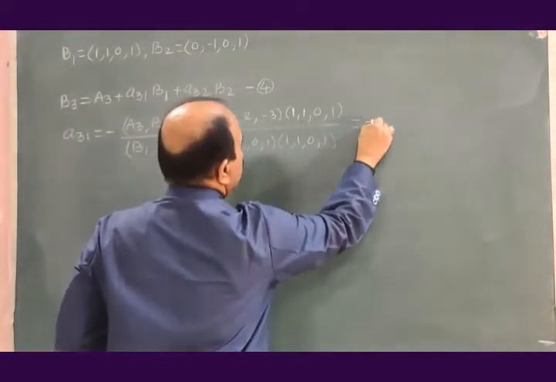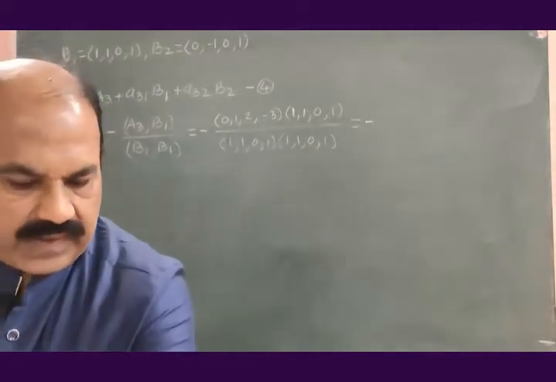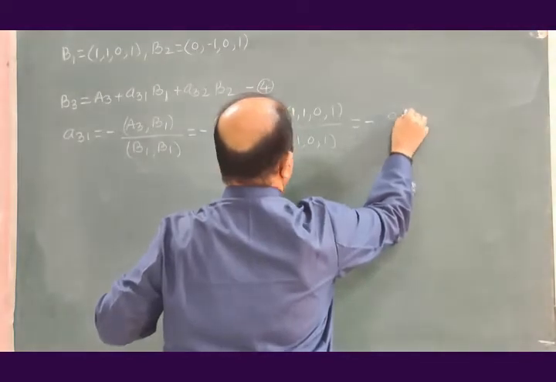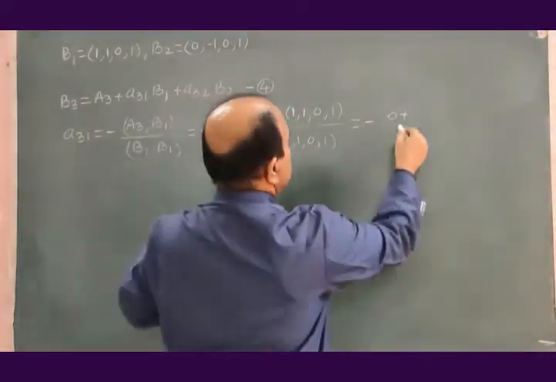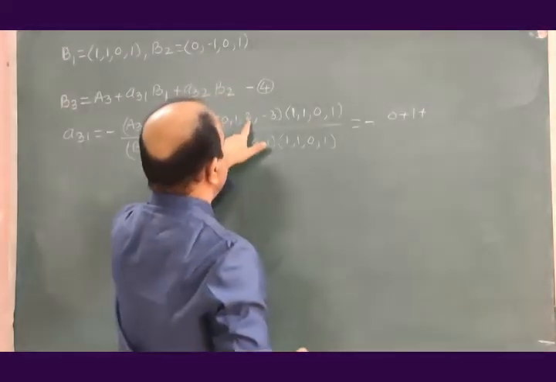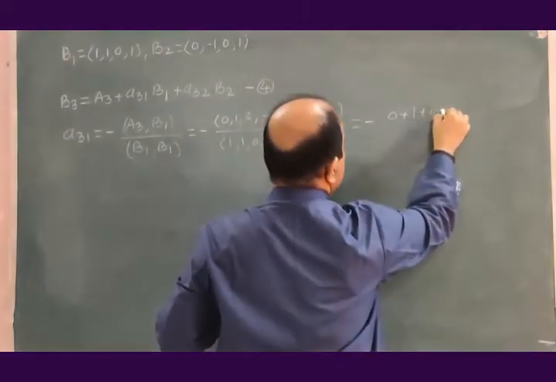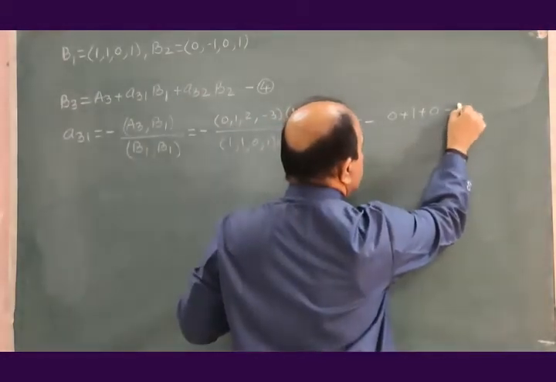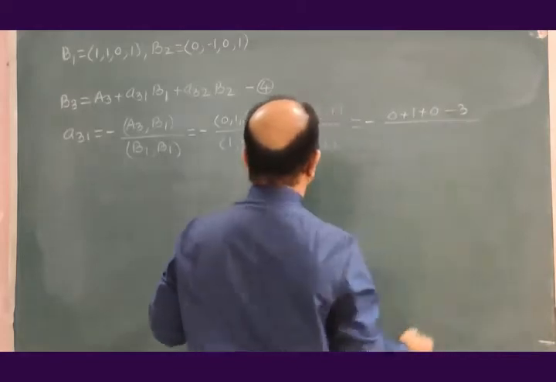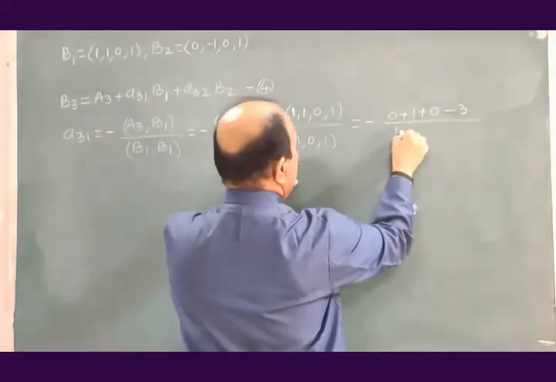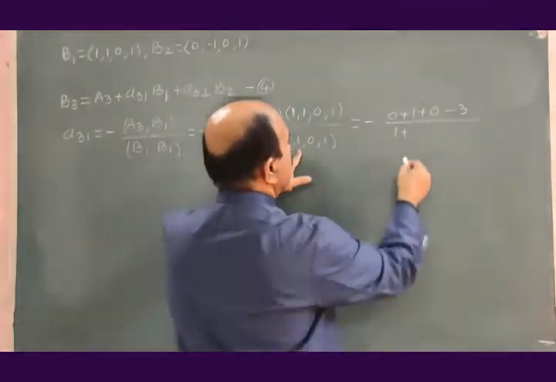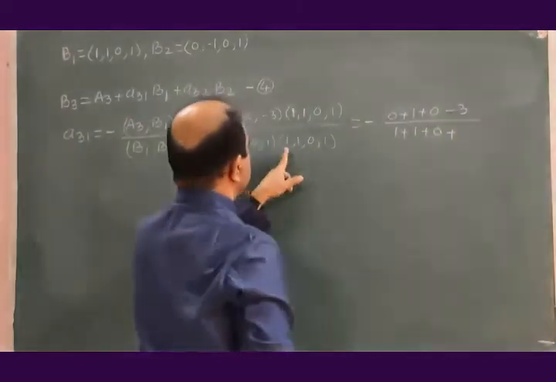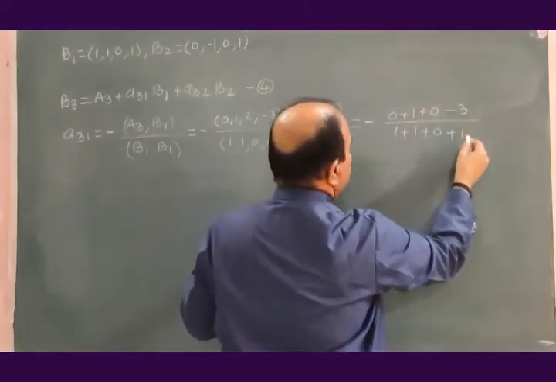This is equal to minus of 0 into 1 (0) plus 1 into 1 (1) plus 2 into 0 (0) plus minus 3 into 1 (minus 3), whole divided by 1 into 1 (1) plus 1 into 1 (1) plus 0 into 0 (0) plus 1 into 1 (1).